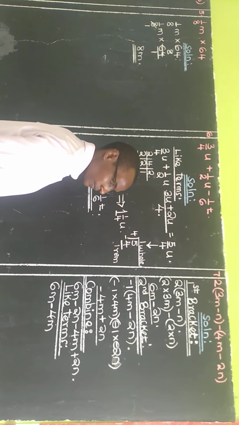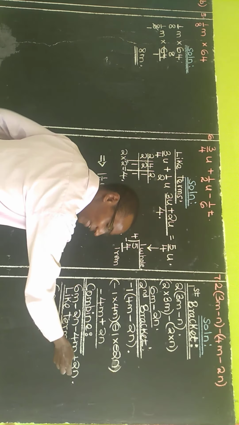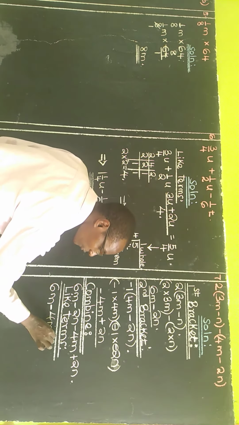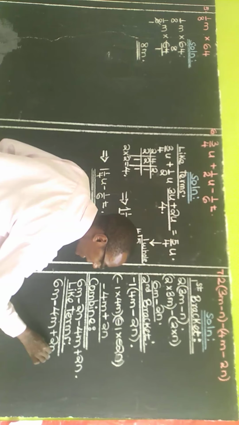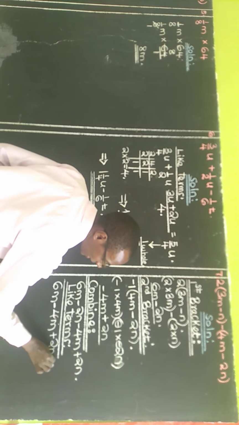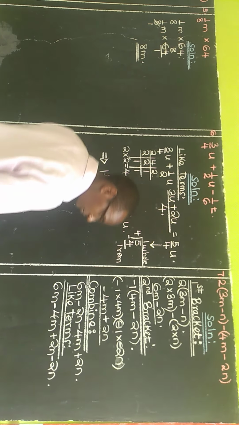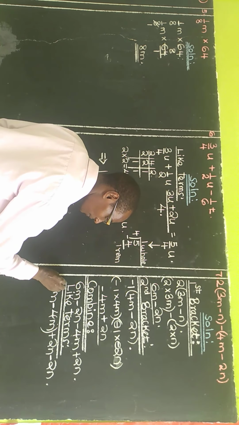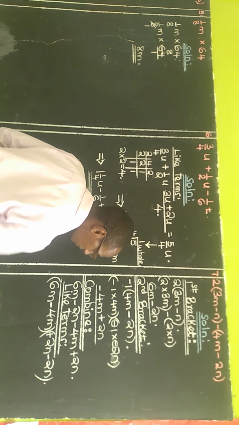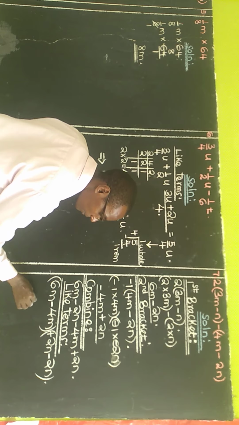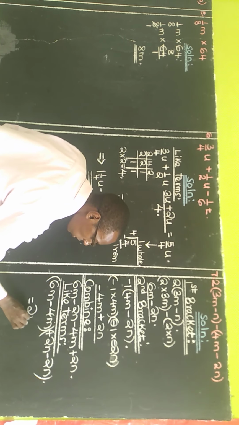Now we go to n. We have one that is negative, another one that is positive. So we start with the positive one, which is positive 2n, followed by negative 2n. We start with this one first, and then we shall deal with that one. 6m minus 4m gives you 2m.